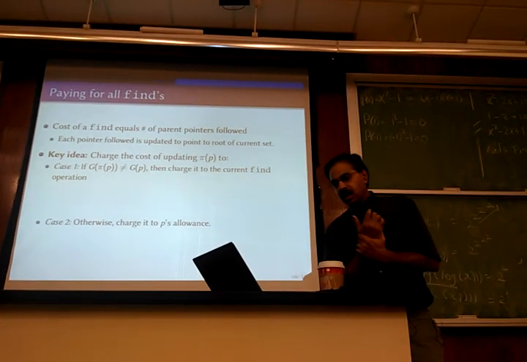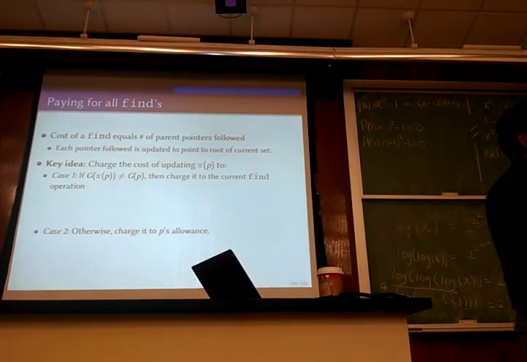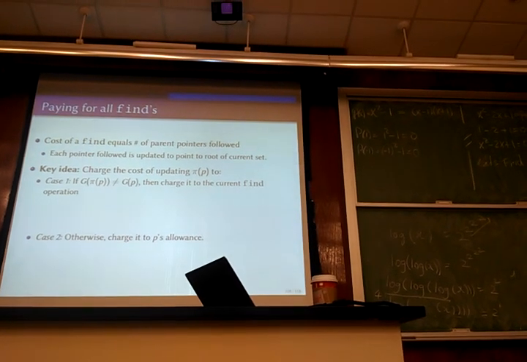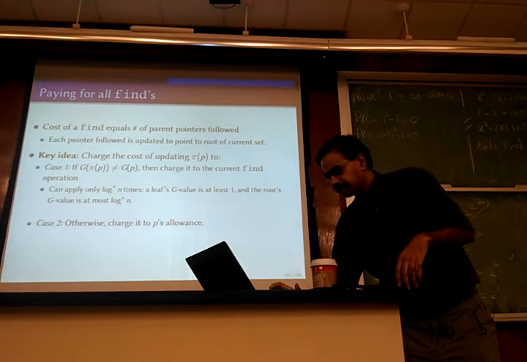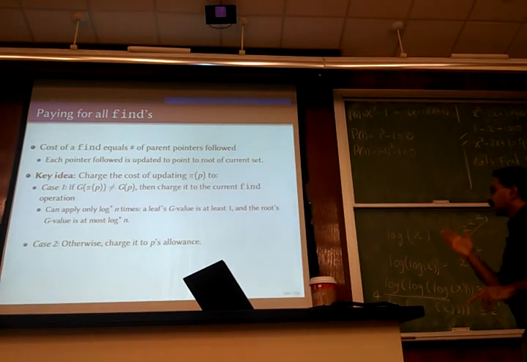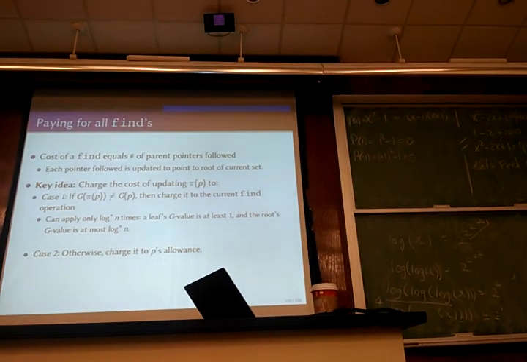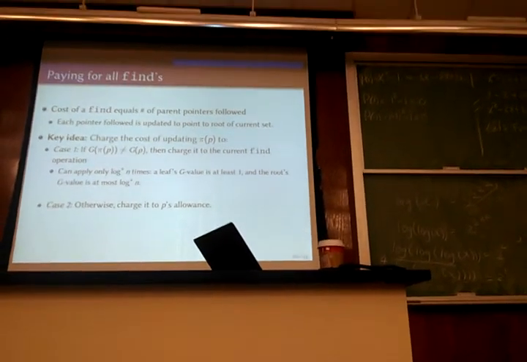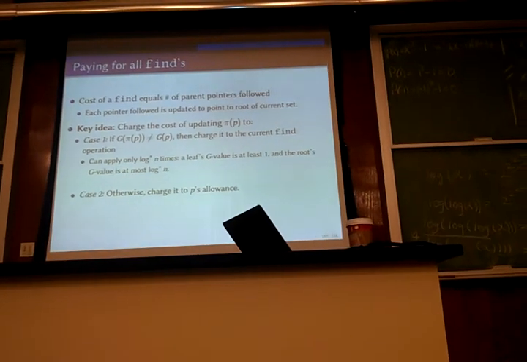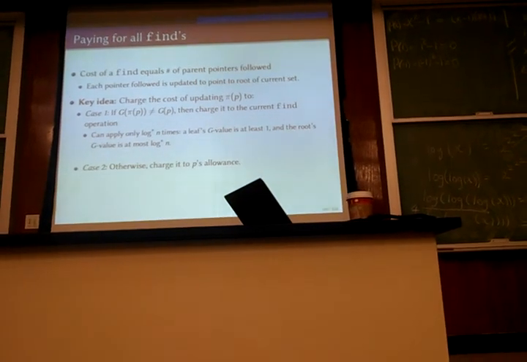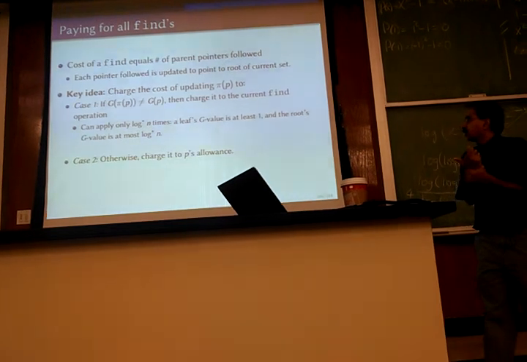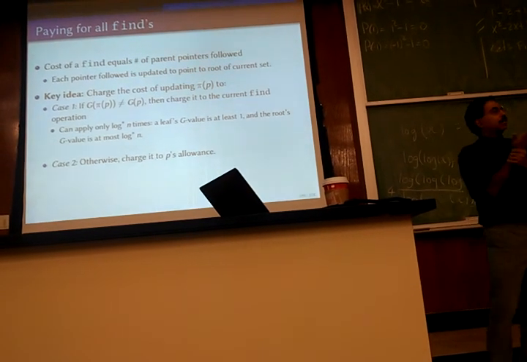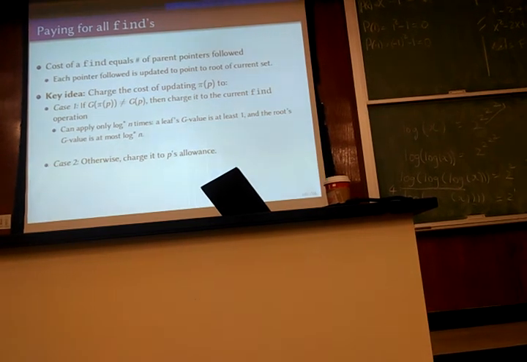So why do I do that? Okay, we'll come to that later. So the point is that each time I update my parent pointer, I'll find myself pointing to a bigger G. That's limited because the number of distinct G values itself is limited.